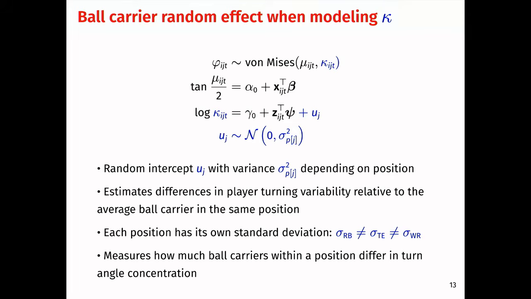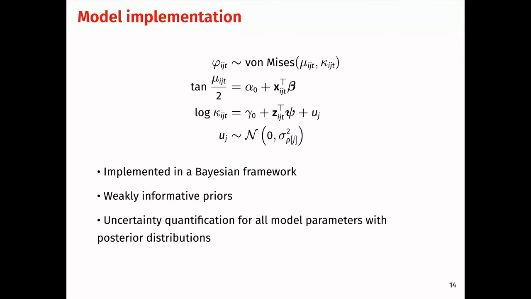So that's the full model that we have. To implement this model, we fit it in the Bayesian framework by specifying weakly informative prior distributions for all model parameters. The great benefit of a Bayesian approach here is that it naturally provides uncertainty quantification for all model parameters with their posterior distributions.